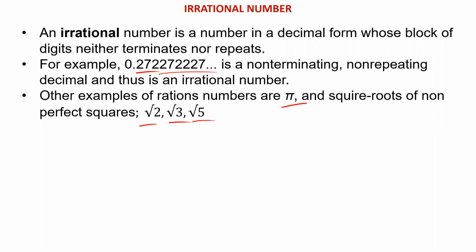This is what we're going to discuss in this lesson. Let us start with the simplest irrational number that we have, the square root of 2, and the question is, prove that the square root of 2 is an irrational number. How do you prove that? We use a method known as the contradiction method.